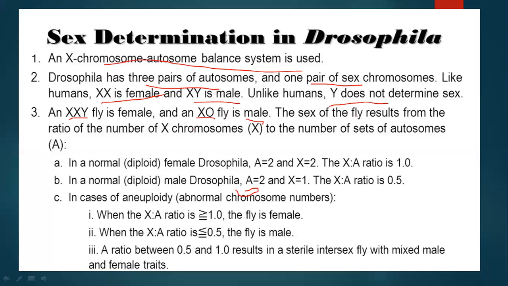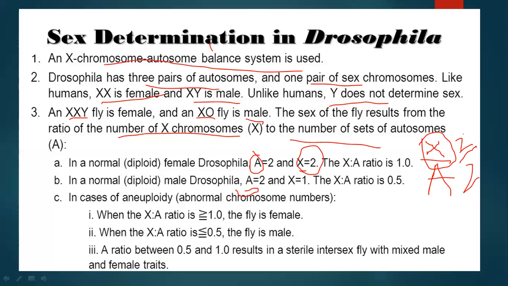The sex of the fly results from the ratio of the number of X chromosomes to the number of sets of autosomes. So we can write it as X over A. Normally in a diploid female, the autosomes are 2 sets and the X chromosomes are 2, so that is 2/2.